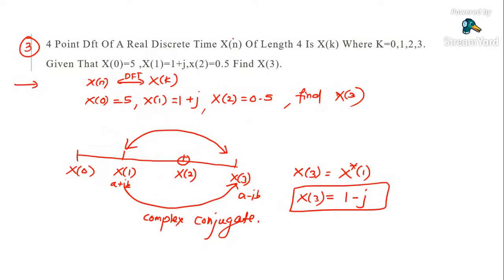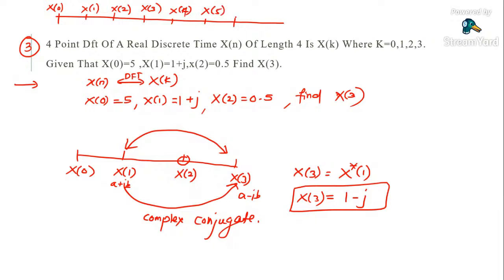Now, if it is an 8-point DFT, I will tell you how the symmetry property works. X of 0, X of 1, X of 2, X of 3, X of 4, X of 5, X of 6, and X of 7. In case of 8-point DFT there is also symmetry.